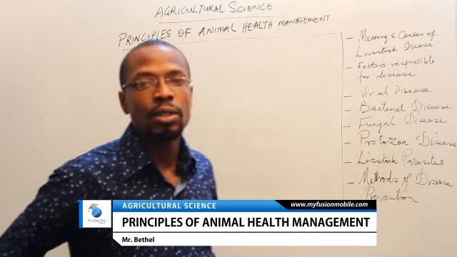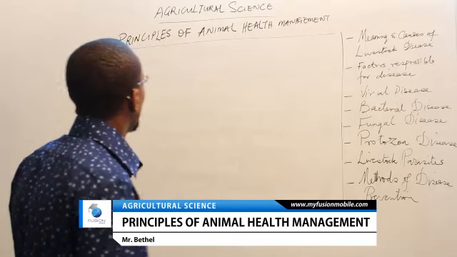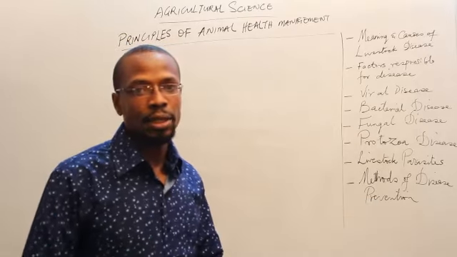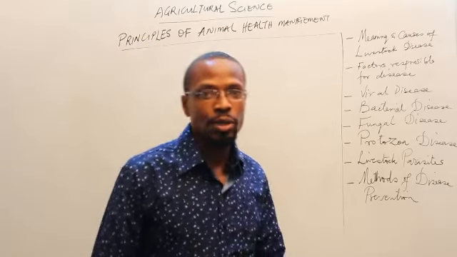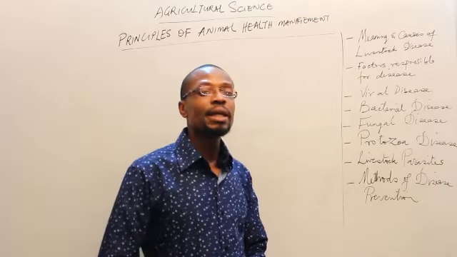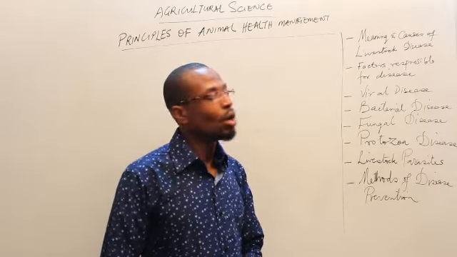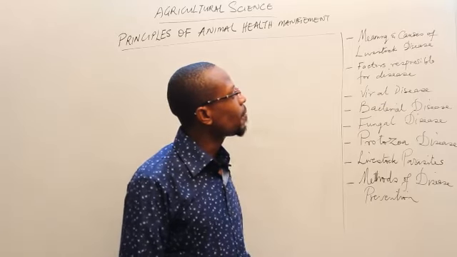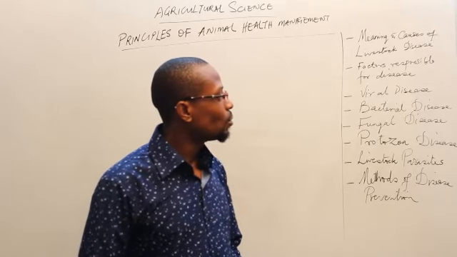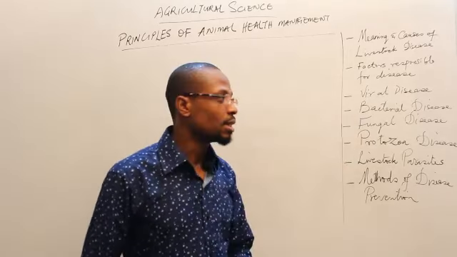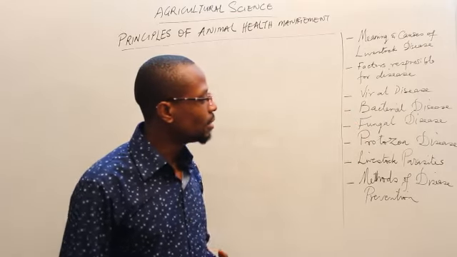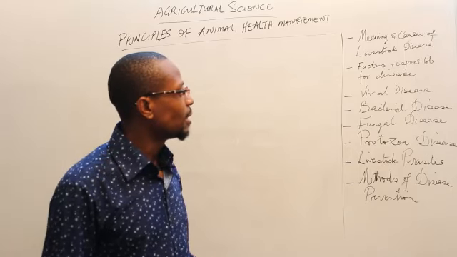In this lesson, we'll be treating the topic Principles of Animal Health Management. The subheadings to be considered under this topic are meaning and causes of livestock disease, factors responsible for disease, and then we'll look at the various types of diseases: the viral disease, the bacterial disease, the fungal disease, the protozoa disease.